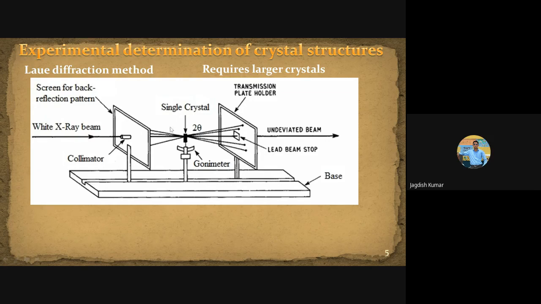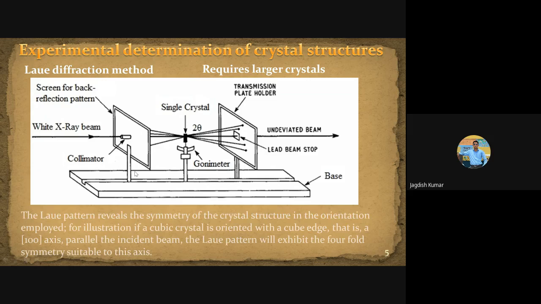And at the same time, we also can measure the information coming from the reflected pattern in the Laue method. So this Laue pattern reveals the symmetry of the crystal, as I already told you, in the orientation employed. The crystal actually is mounted on this goniometer in a specific manner.